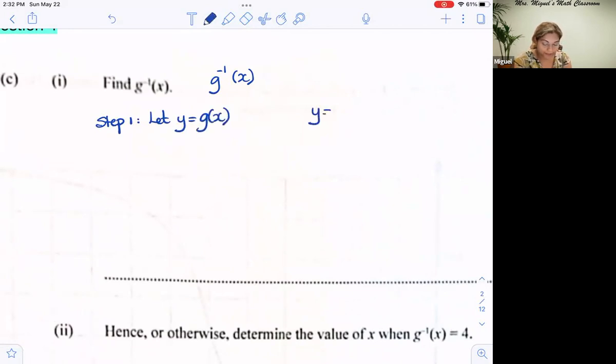So y is equal to 3x plus 2. The second step, we want to make x the subject.